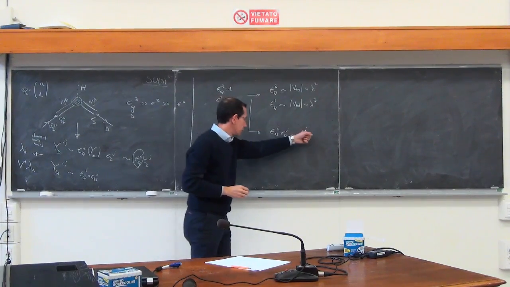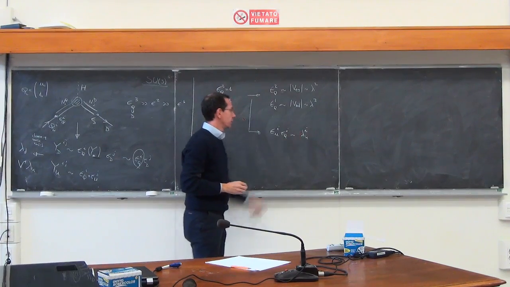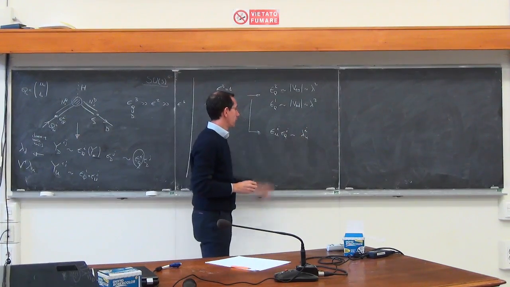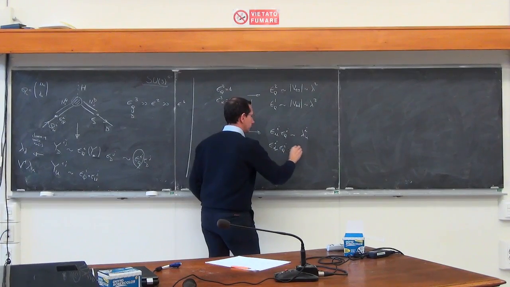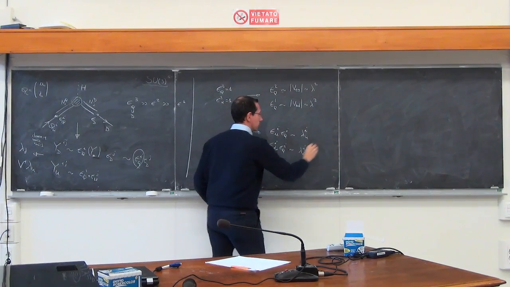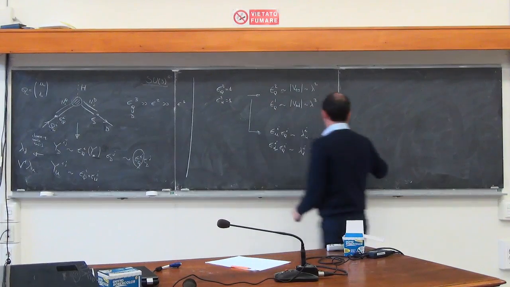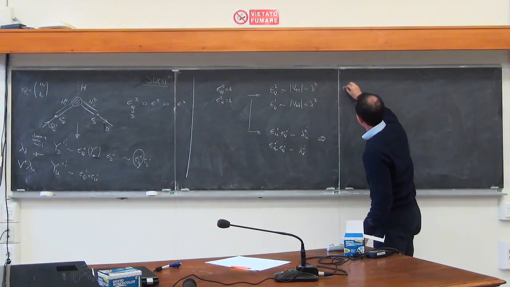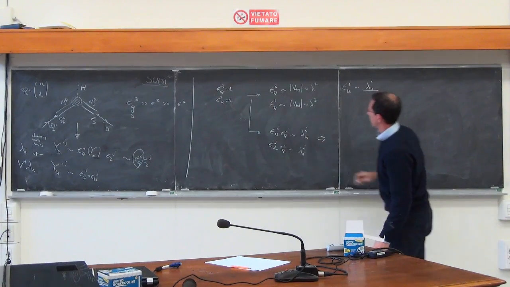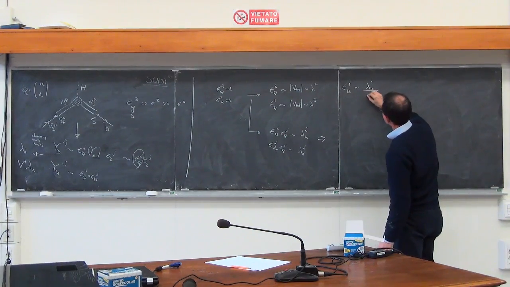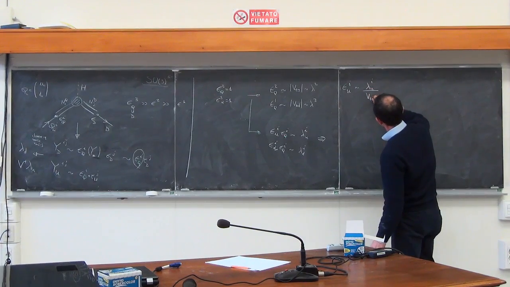In the case of the third generation this is 1, but in the case of the second and first generations this is a very small factor. The same is true for the epsilon d i. From this I deduce that epsilon u i is equal to lambda u i divided by epsilon q i, but epsilon q i I know what it is, so let me write it as V_ti.